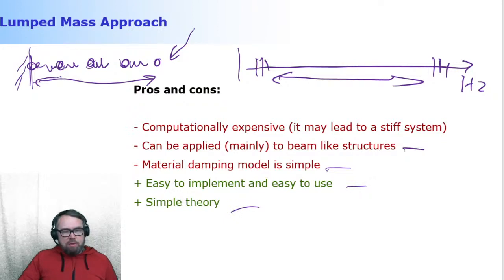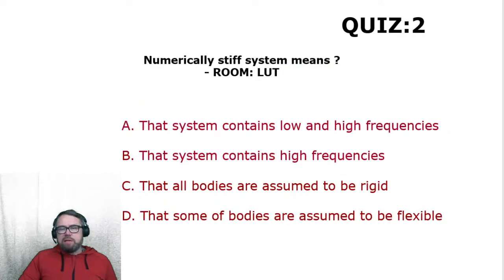Like promised, the next in-class quiz is asking, what is a numerically stiff system? Here it goes. Options are that the system contains low and high frequencies, that the system contains high frequencies, that all bodies are assumed to be rigid, that some of the bodies are assumed to be flexible.